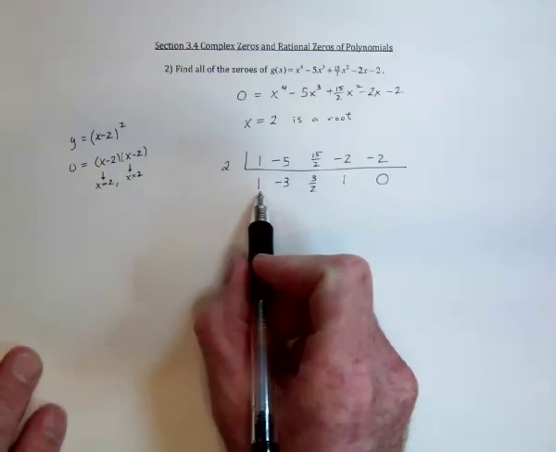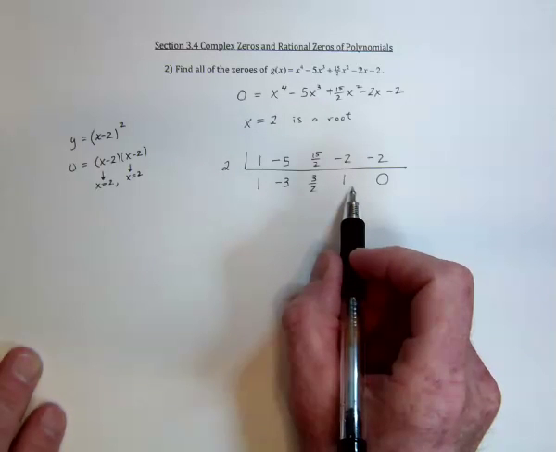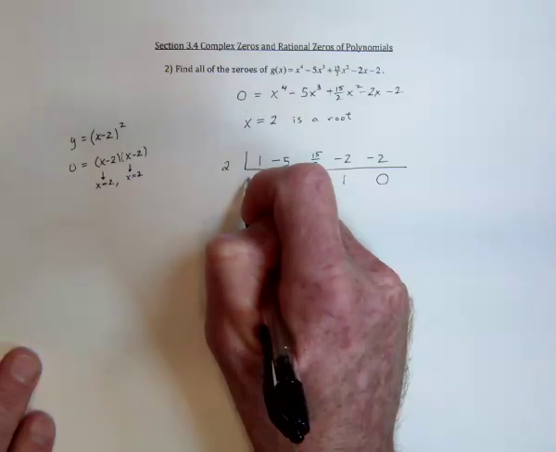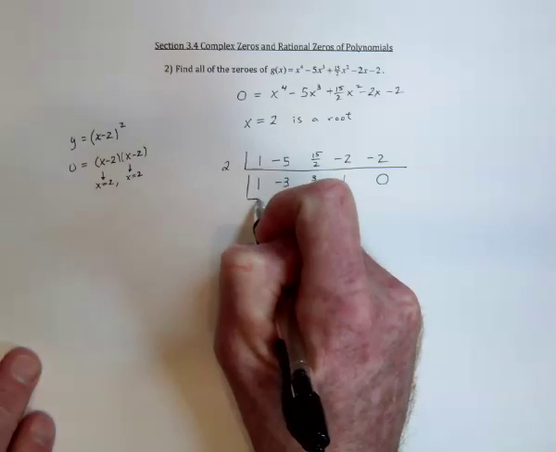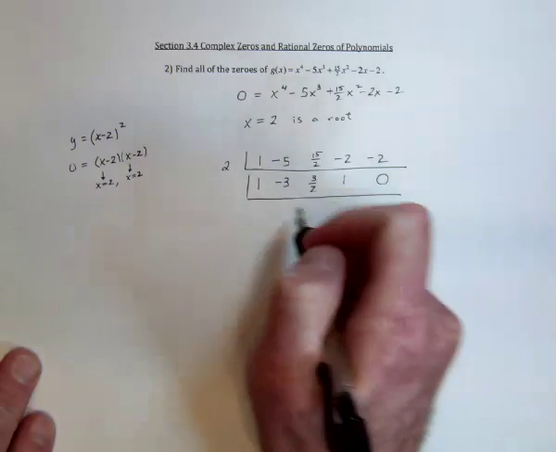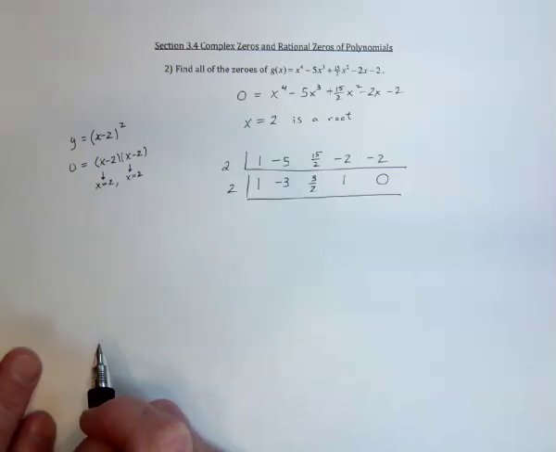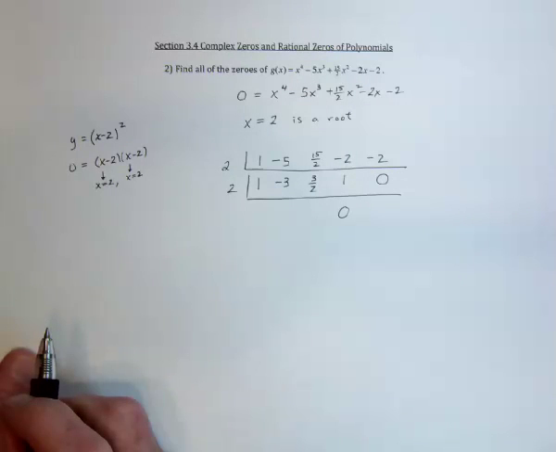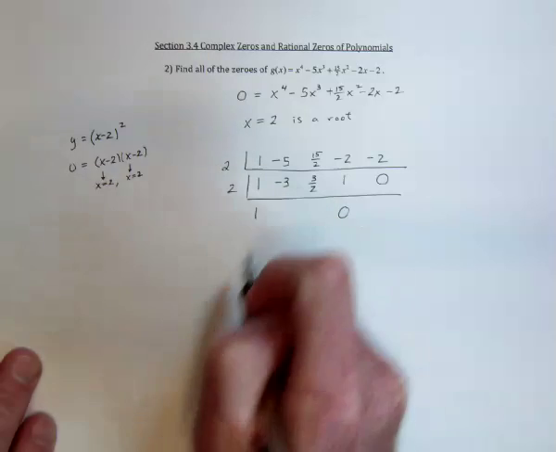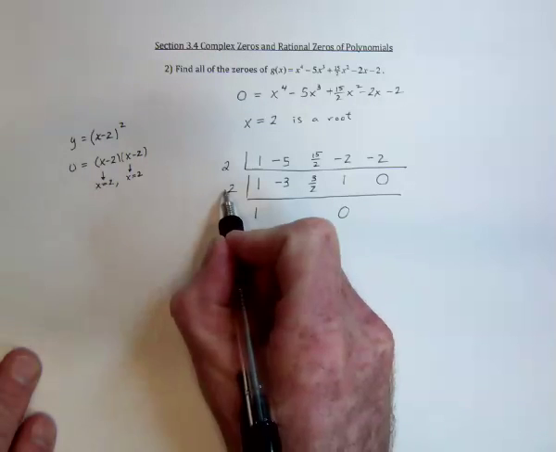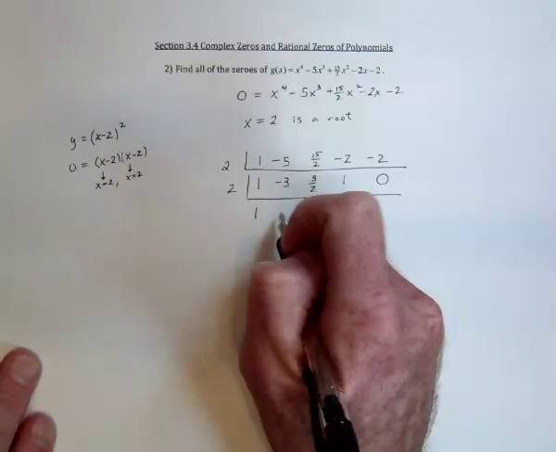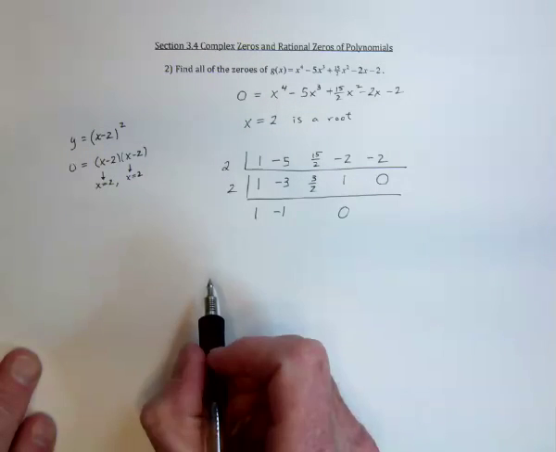That means that this polynomial can also be divided by 2 a second time. So I can stack the synthetic divisions on top of each other and say divide by 2 again, and the remainder should be 0. So let's try it. Carry down the 1, multiply these two, it's going to be a 2, added to that, negative 1.